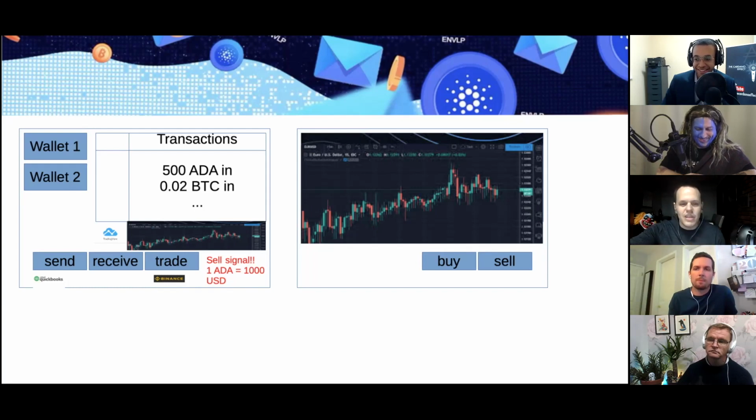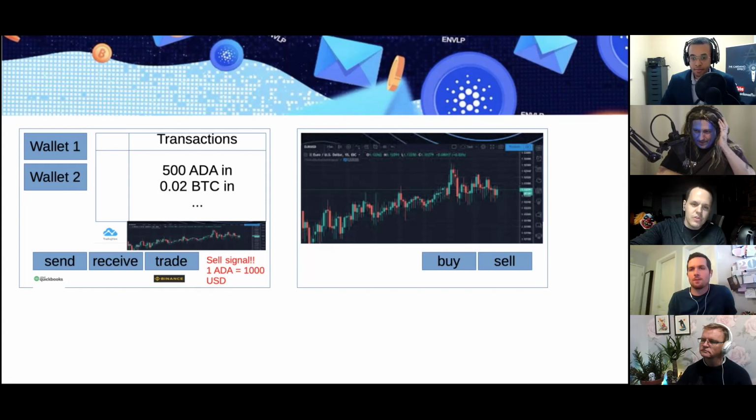Then you get a warning, and you can probably even trade from within your wallet and have these buy and sell buttons inside the wallet because it's connected to Binance or whatever. Just saying, it's possible to do that. I already have code that does that. I just didn't integrate that into the wallet.